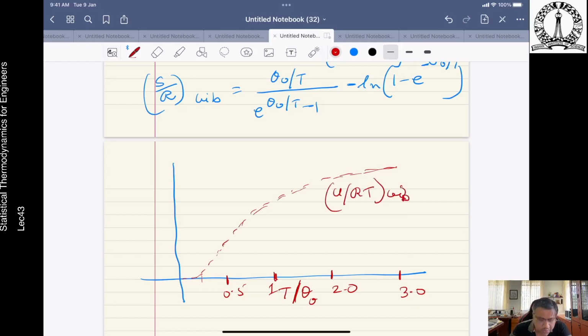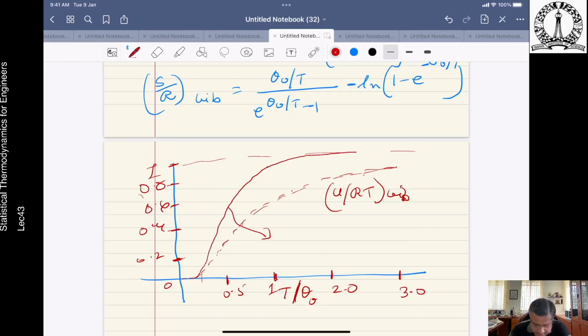You can see the upswing, and if we mark this scale, 0.2, 0.4, 0.6, 0.8, about 1, it is below 1, of course. CV shows a faster rise, almost asymptotes. So this is CV by R vibration.